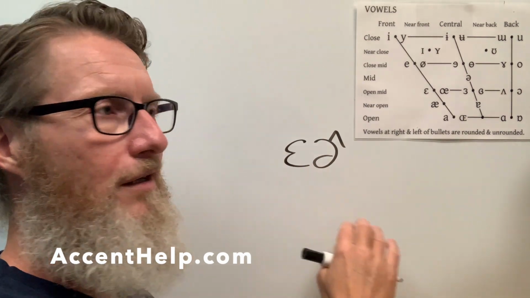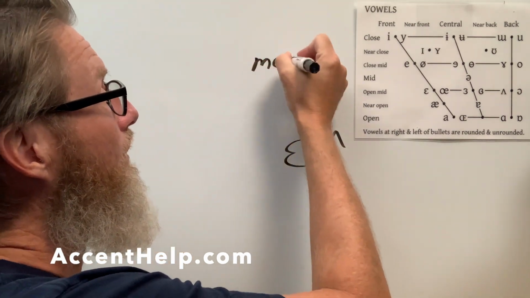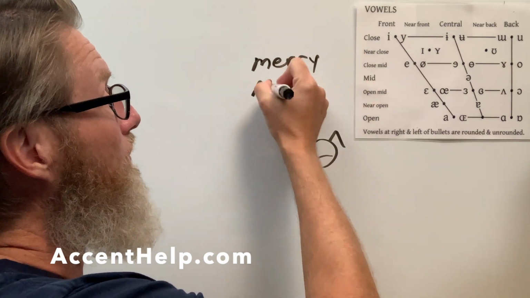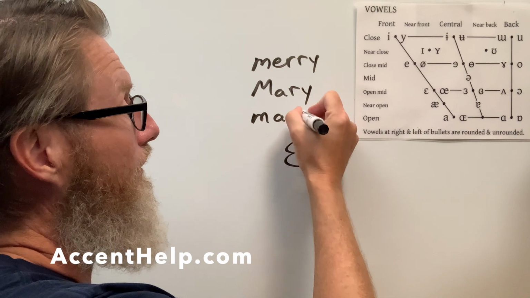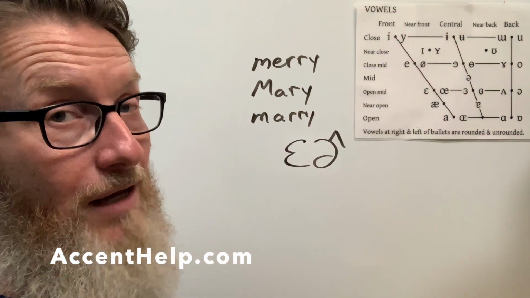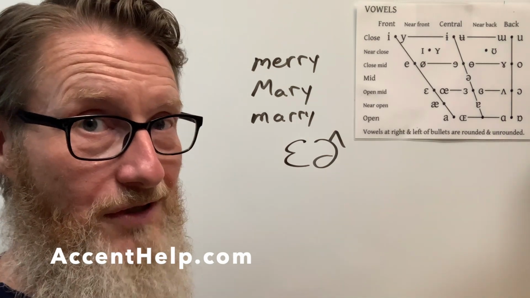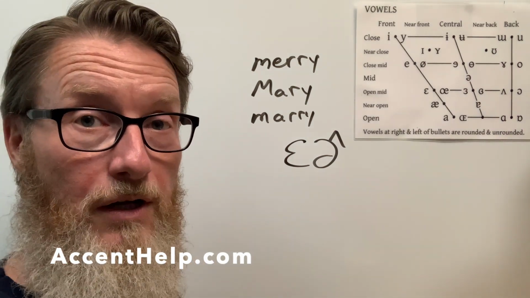Square, Mary, Mary, Mary. And when I say Mary, Mary, Mary, I mean Christmas, and I mean the woman's name, and I mean a wedding. So we have Mary, Mary got married. I would say Mary, Mary got married. They're all the same. And I think that fits generic, and that's actually what most Americans do.